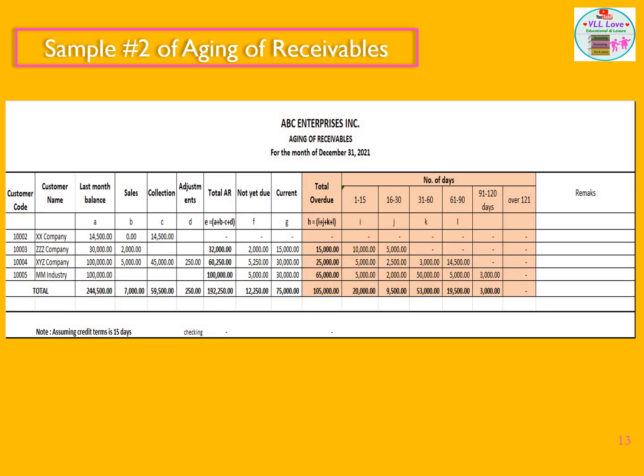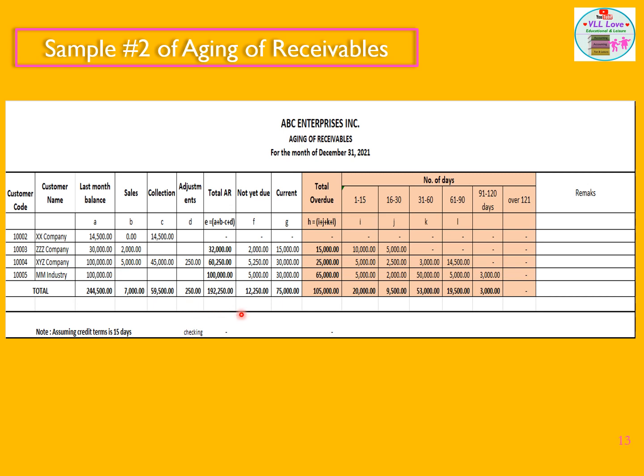As mentioned, sample number 2 was populated with complete transactions for your immediate reference. This report is prepared through Excel and shows your customer code, customer name, last month balance, sales, collections, and adjustments if there are any. Last month balance plus sales less collections plus or minus adjustments equals total AR.